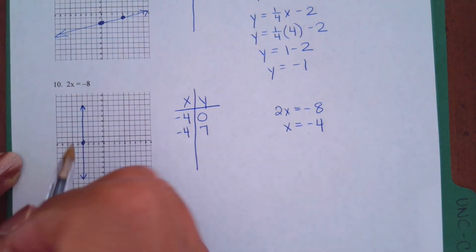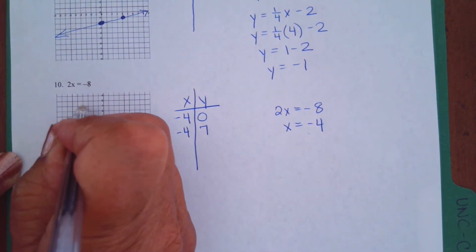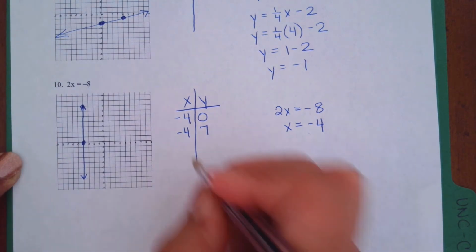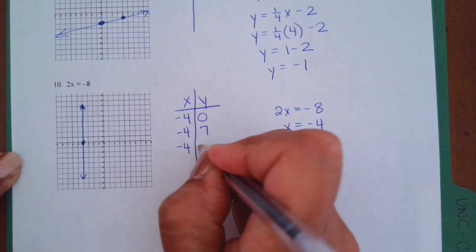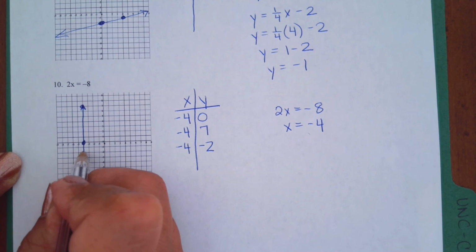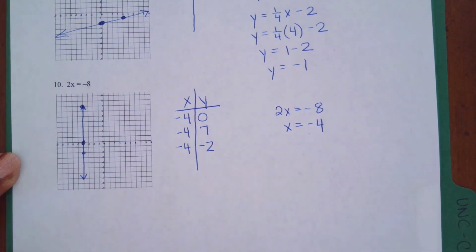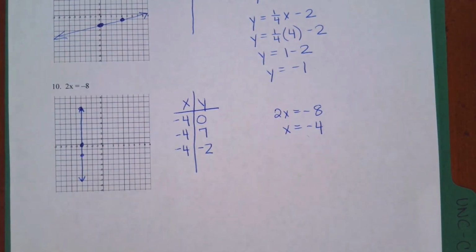Well, look where that is. -4, 7 would be right there. Okay? If x is -4, y could be -2, right there. So it doesn't matter what you pick for y, because x will always be -4. That's what vertical lines are telling you.